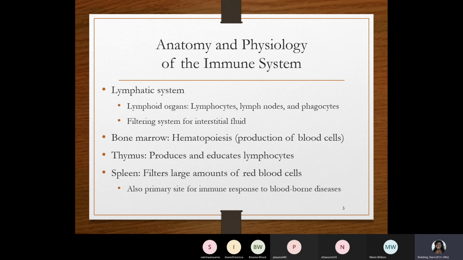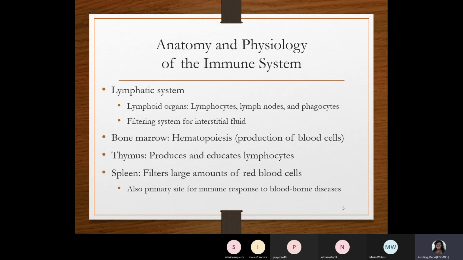It also helps by being the filtering system for the interstitial fluid. So when we think about our immune system, think of it as our body's built-in defense mechanism, which helps protect our body from anything that tries to invade our organism.